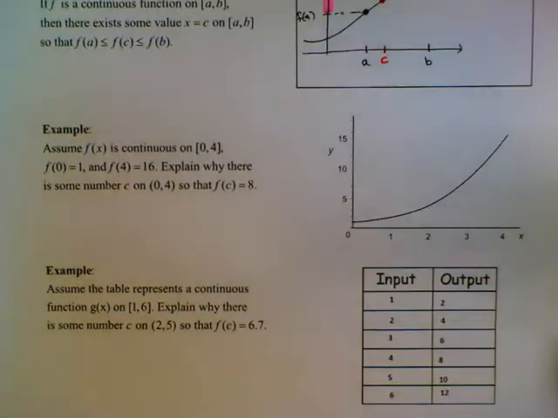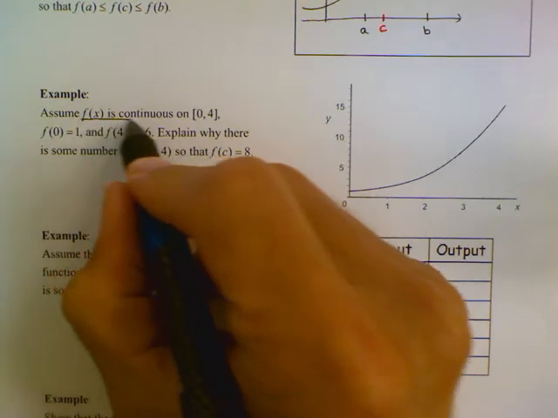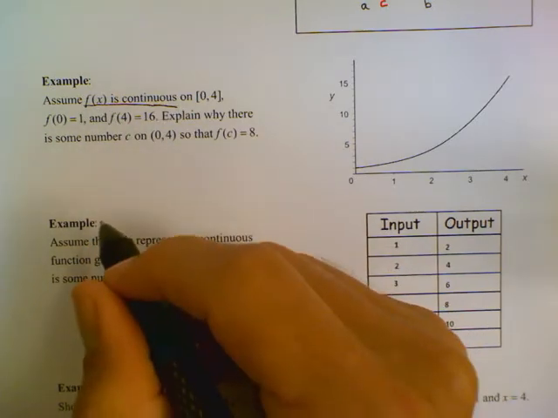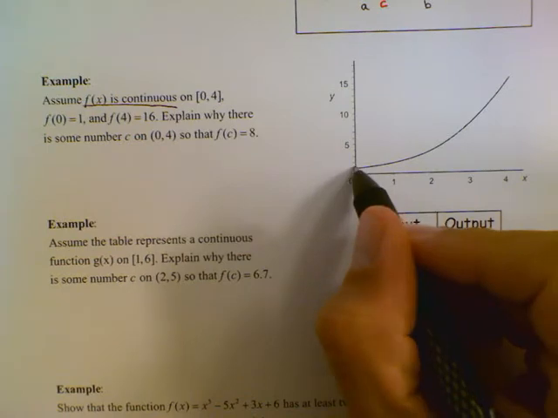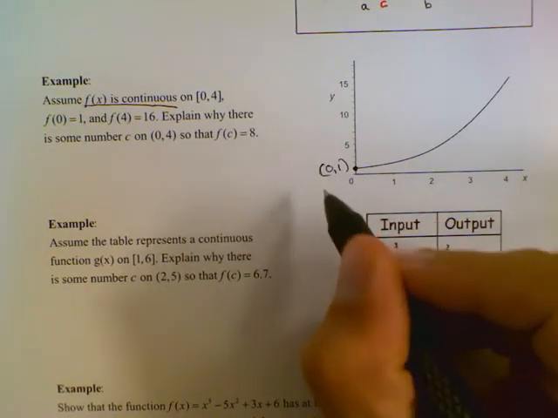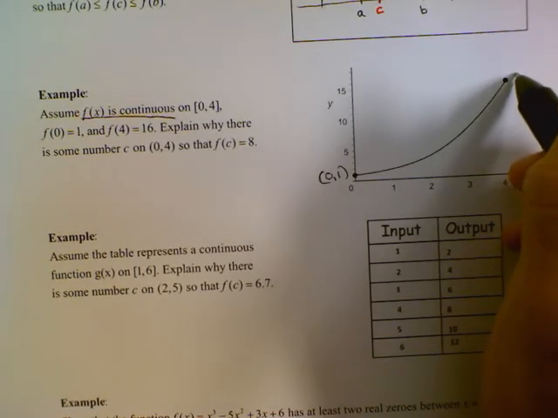So let's take a look at the examples. This says to assume that f of x is continuous. In a typical problem, I will say that it's continuous, but this says to assume that it is. On 0 to 4, f of 0 is 1, so this point right here is 0, 1. And then 4, 16 is this point out here.